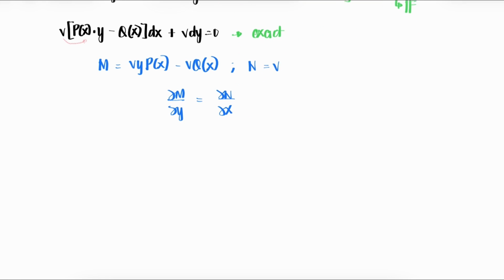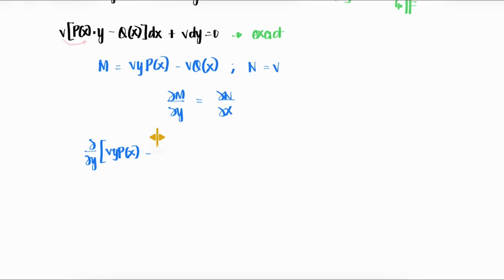And so taking the partial with respect to y of v y p of x minus v q of x is equal to the partial with respect to x of v. Okay, this is our M and this is our N.